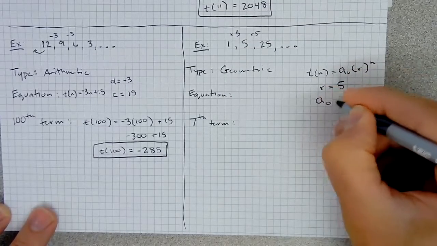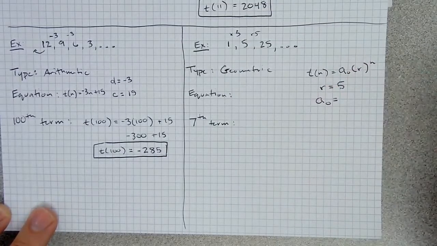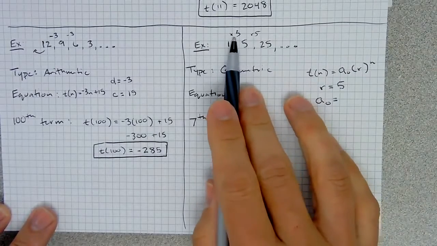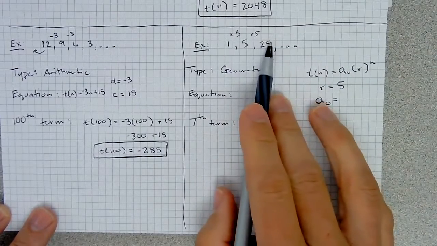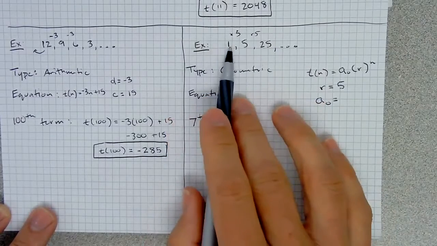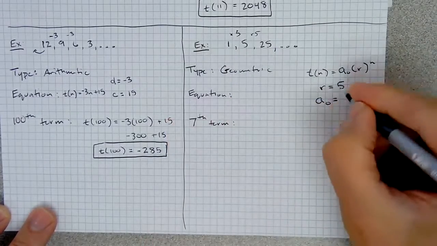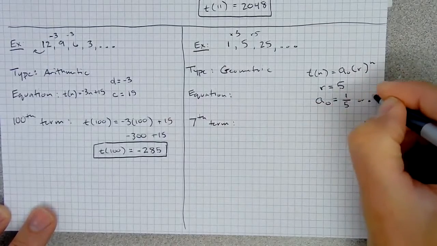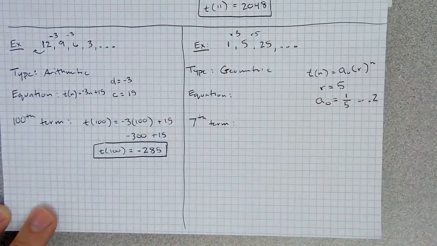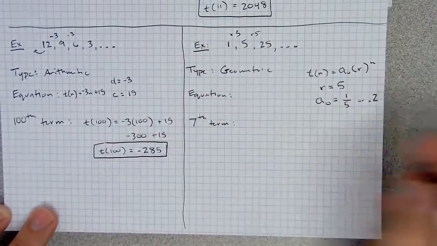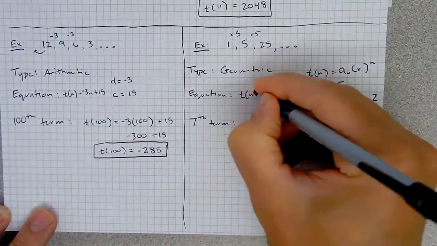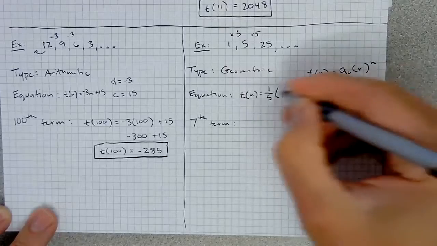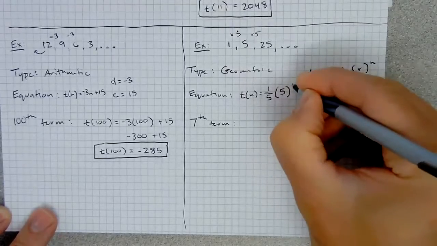Our 0th term, we have to work backwards. Instead of multiplying by 5 going this way, we've got to divide by 5 going this way. So 1 divided by 5 is 1/5, or 0.2. I think it's easier just to use the fraction. So our equation, T of n equals 1/5 times 5 to the nth power.